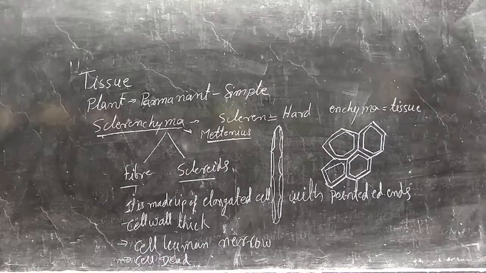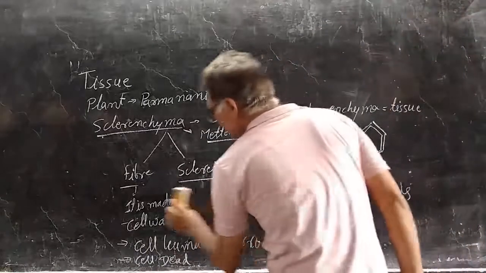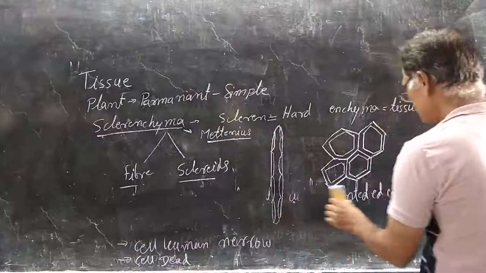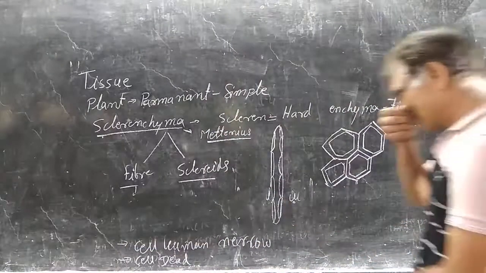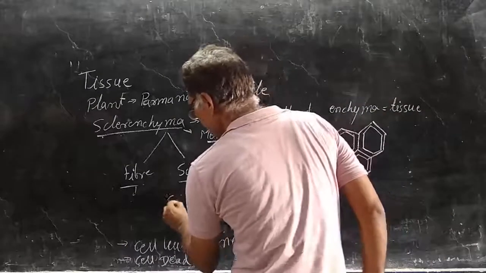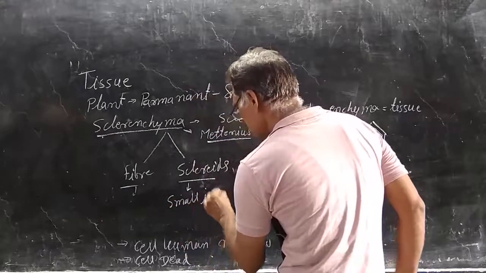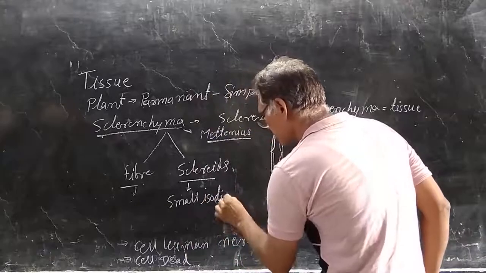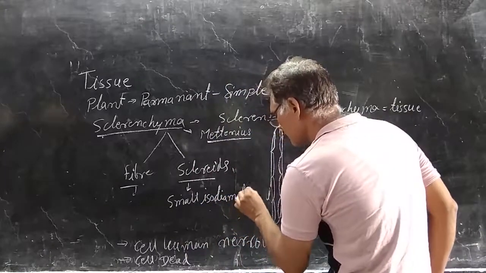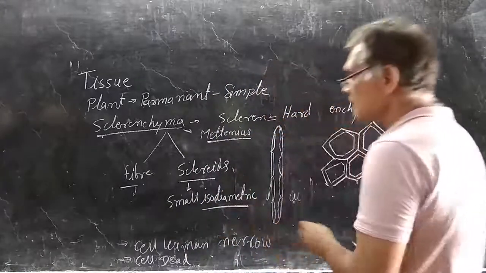But sclereids are small isodiametric cells.